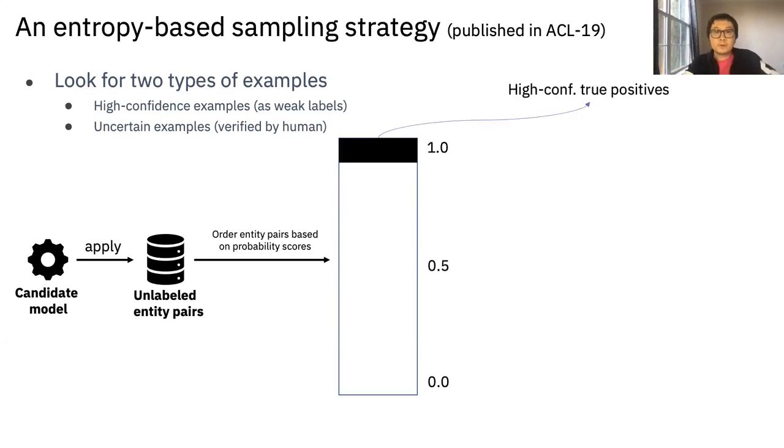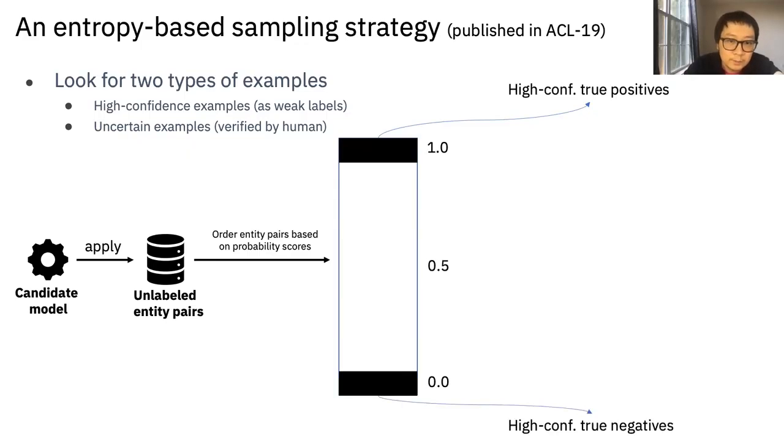Then we first look for examples that have very high confidence score, and we call them high confidence true positives. We also look for examples that have very low scores and are at the negative end, and we call them high confidence true negatives.